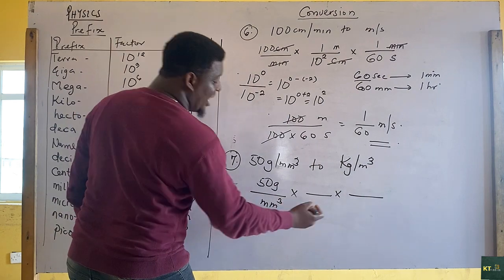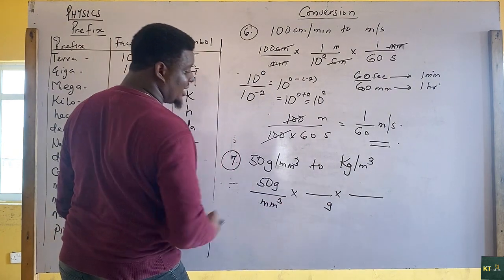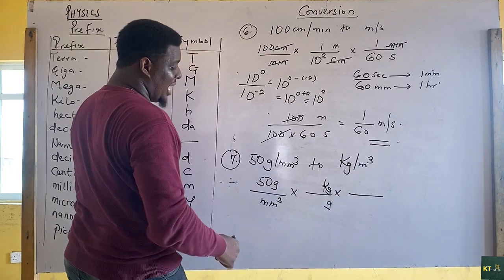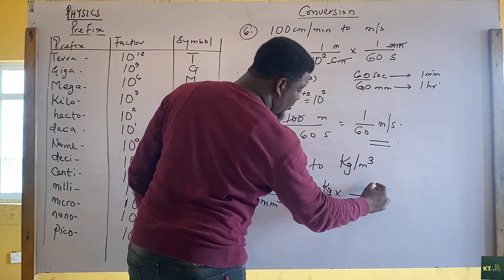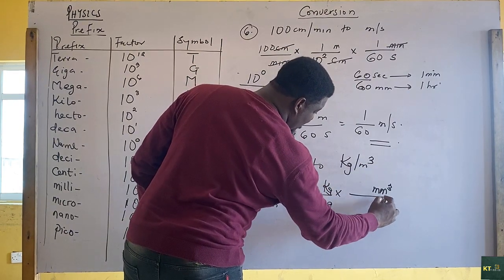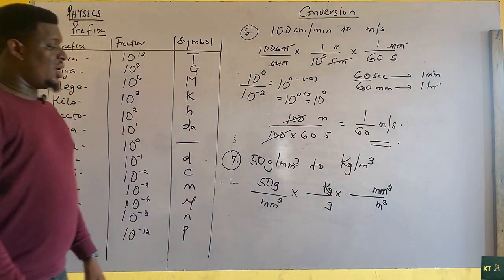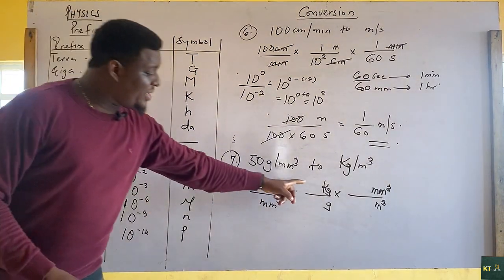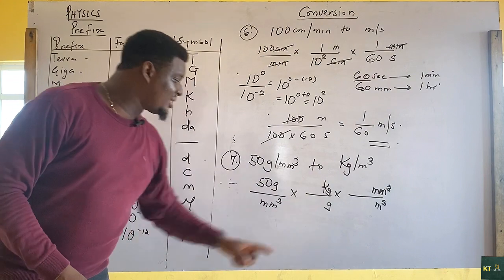For gram, we have gram coming down because we want to cut it out, so you convert it to kilogram. And millimeter cube, you want to cut it out, you bring it out and convert it to meter cube. So now, let us ask a question: which one is bigger, a kilogram or gram?